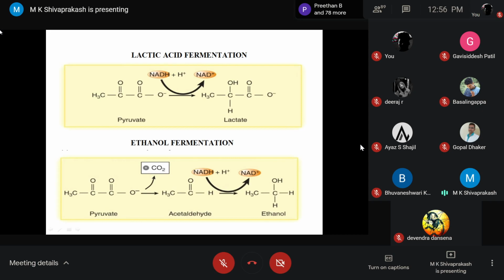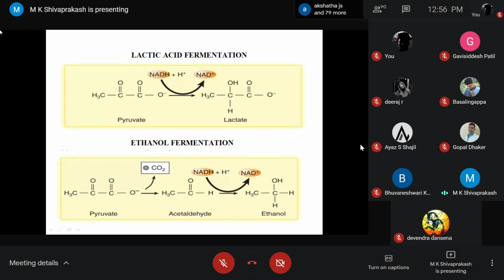The second group of such organisms are ethanol fermenting organisms, which convert the end product of glycolysis, that is pyruvic acid, into ethanol. Here what happens? Pyruvate is reduced to acetaldehyde, which is produced as an intermediary.